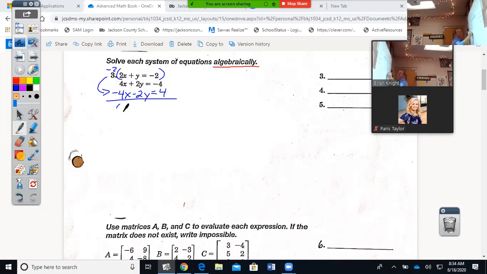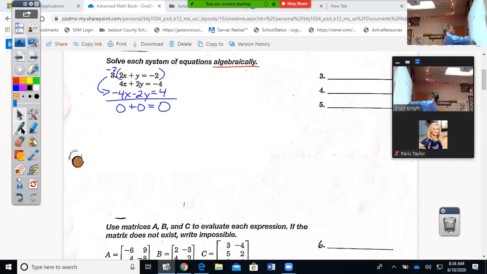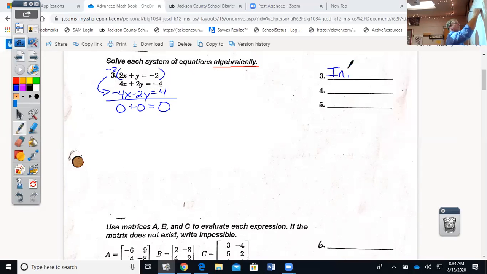And we add those up, we get 0 plus 0 equals 0. Well, what's my answer when you get 0 equals 0? Infinite solutions. So I can stop right now and put infinite solutions for number 3.